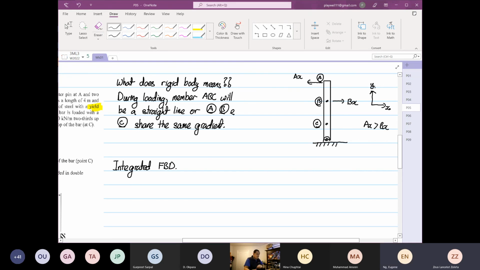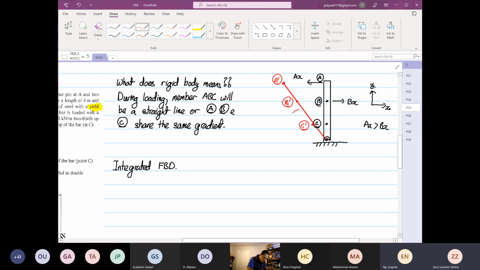So when the structure is deformed, when we assume that ABC is a rigid body, during deformation the structure will deform this way. It is a straight line because we assume a rigid body. Down here will be our A prime, a new position. Down here will be our B prime, and down here will be our C prime.